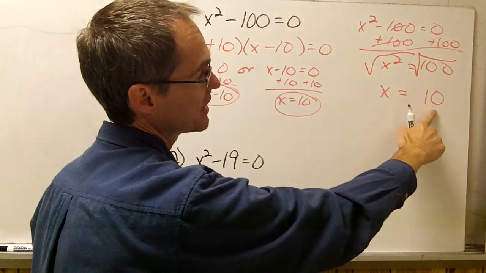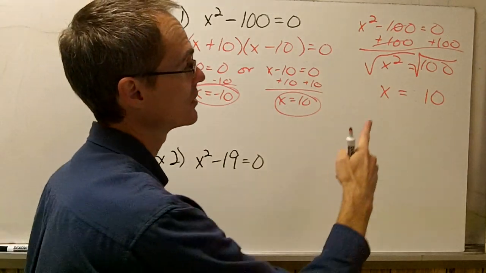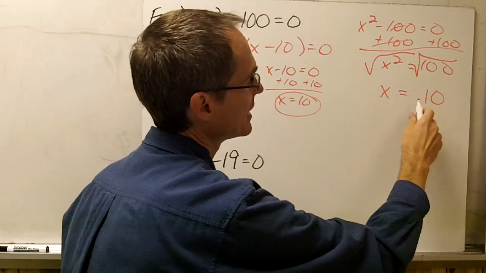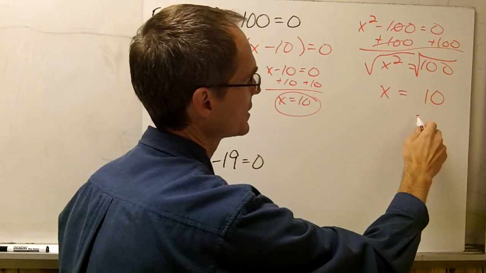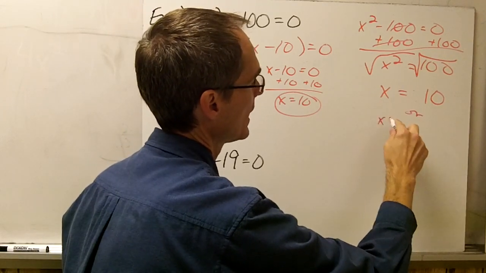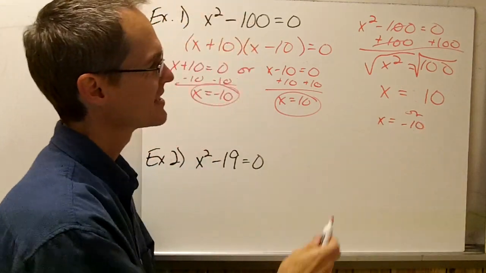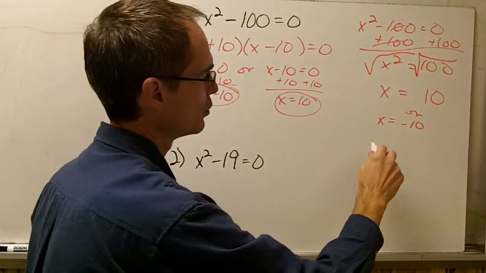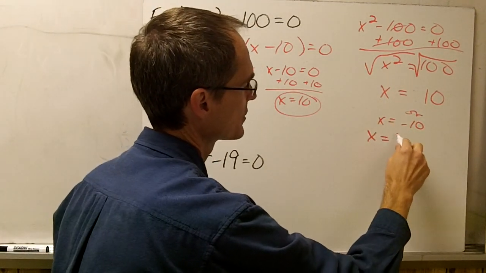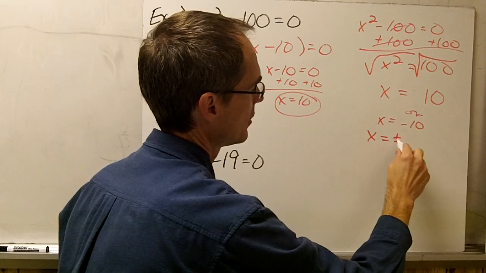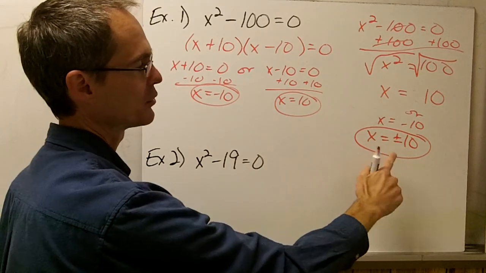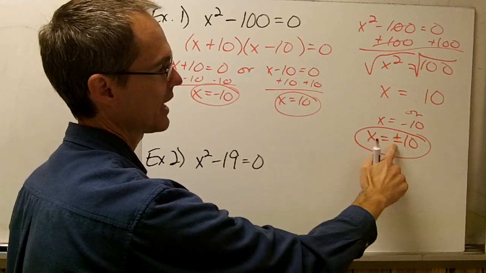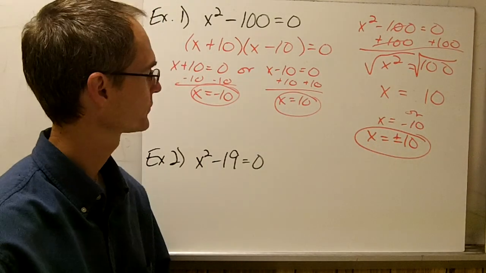So positive 10 is one solution to that equation, and negative 10 is also a solution to this equation. Sometimes you see this written as x equals 10 or x equals negative 10. Sometimes you see this written all in one statement like this: x equals plus or minus 10. So there's my two solutions: x equals positive 10 and x equals negative 10.